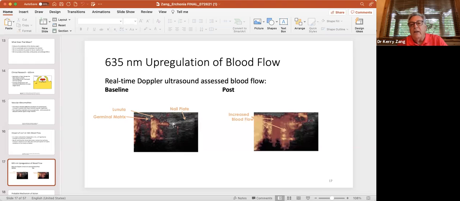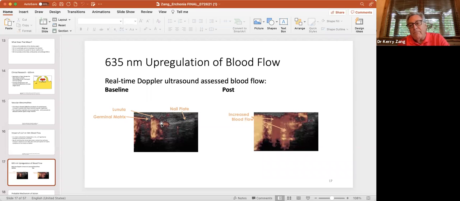You treat it again, and then it goes from here up to here. And after 4 treatments, you get rid of the vascular spasm. And that's also why this device works so well for digital ulcerations, clearing up not only the infection, but it increases the microvascular supply, and it is sustained.